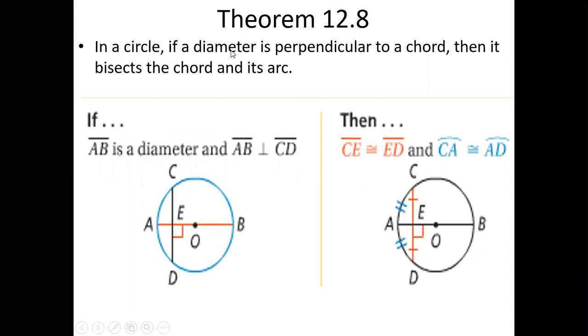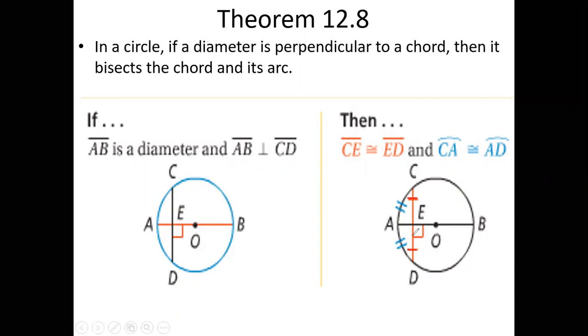In a circle, if a diameter is perpendicular to a chord, then it bisects the chord and its arc. Here, AB is the diameter, and if AB is perpendicular to CD, then it will bisect the chord.